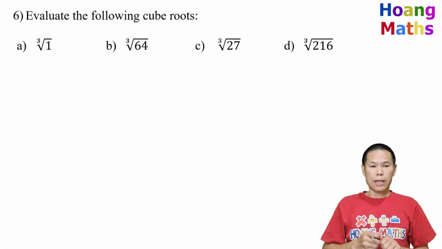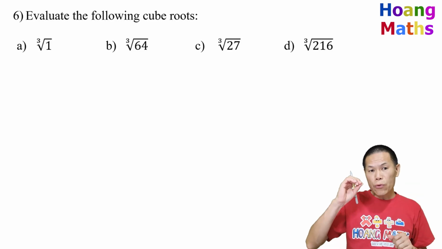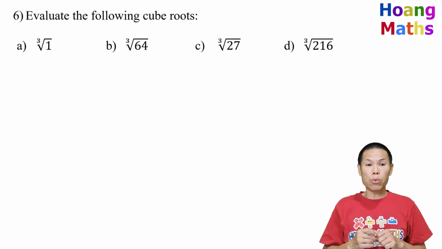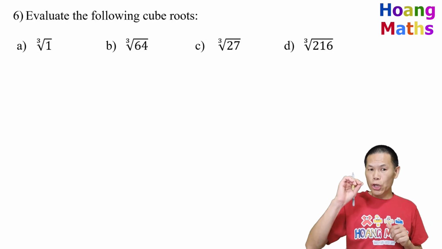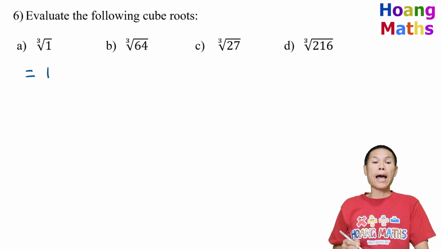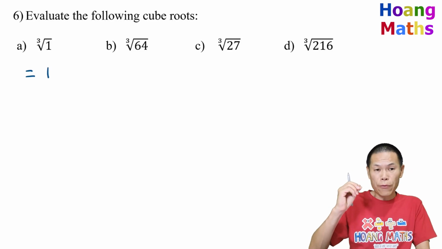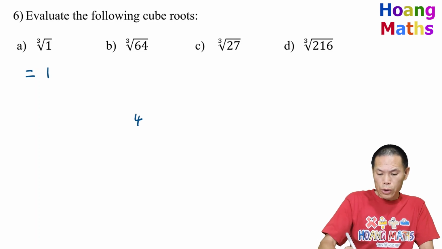Question number 6. So we need to find the cube roots of these numbers. So we know that 1 is a cube number as well, because 1 times 1 times 1 is equal to 1. So cube root of 1 will be equal to 1. Now cube root of 64. So 64 is 4 times 4 times 4.